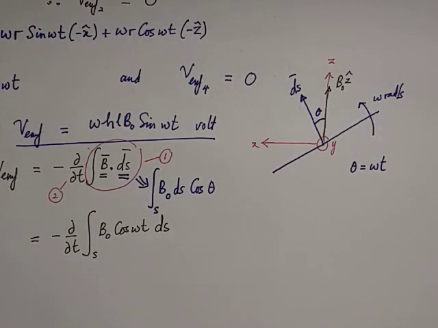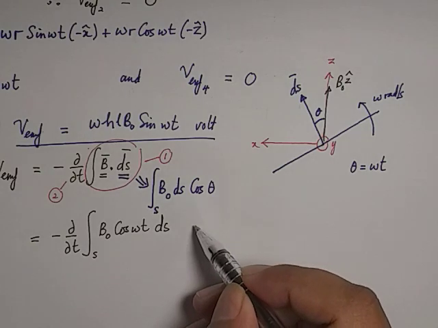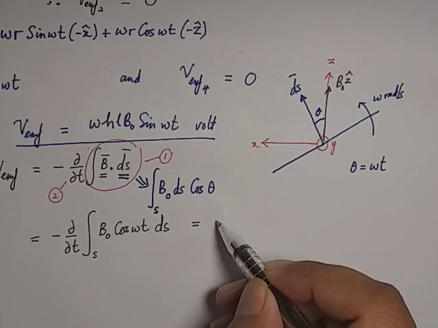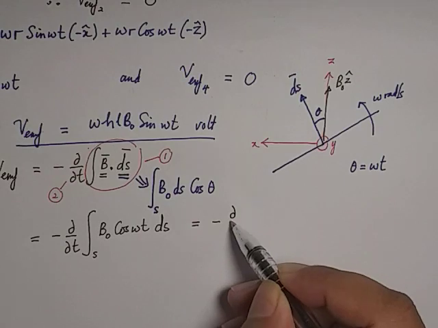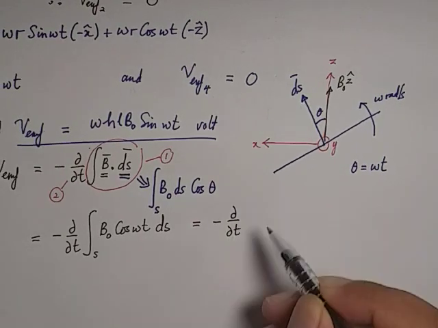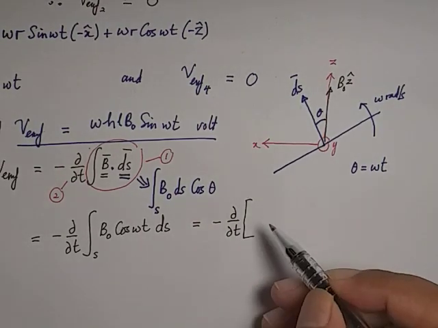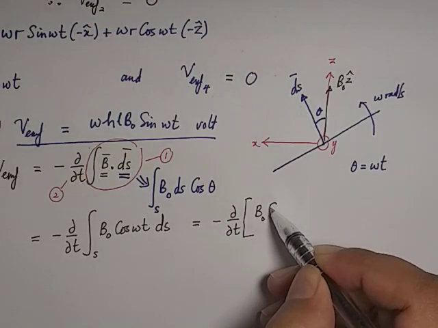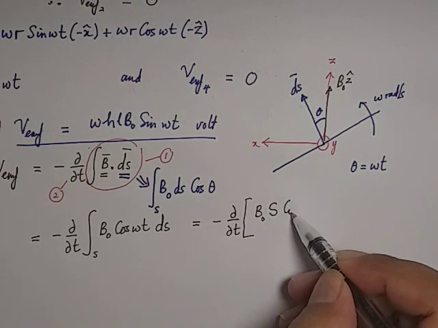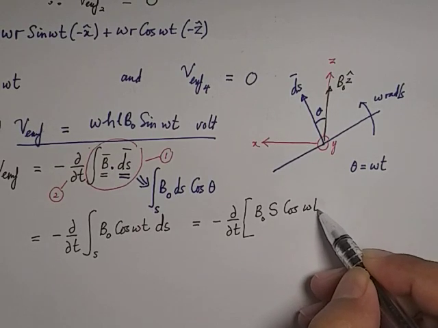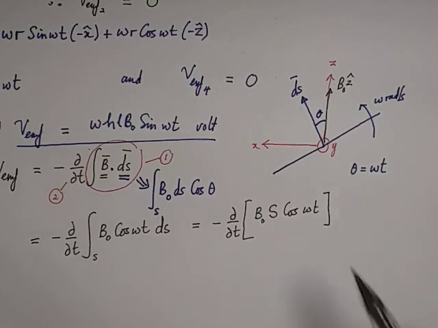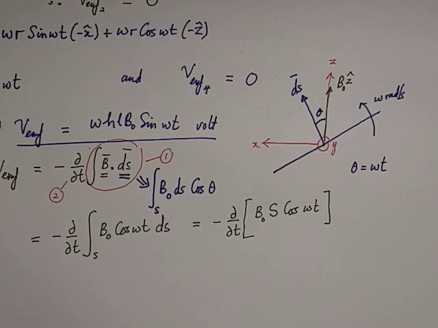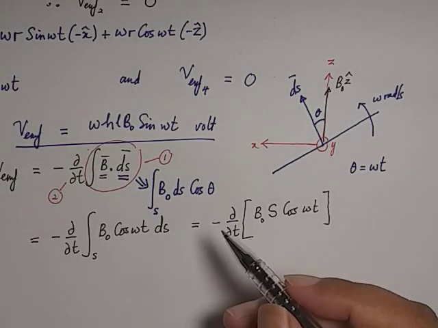So the solution now becomes negative d over dt of B naught, S is the area, cos omega t. Is it correct? Mathematically, yes.